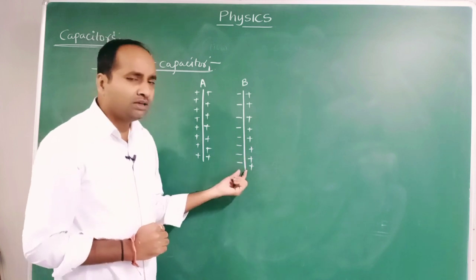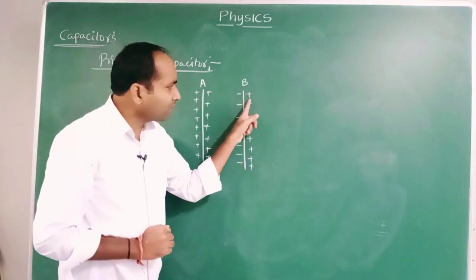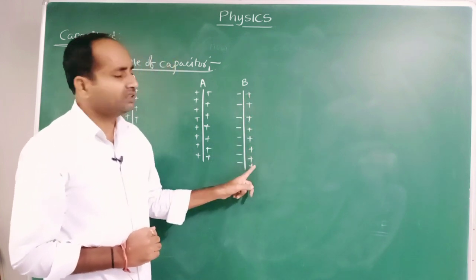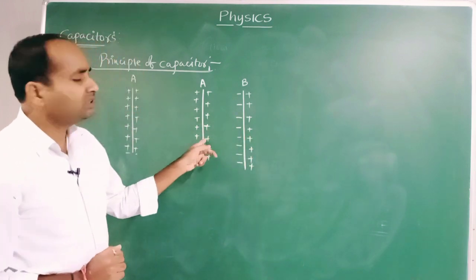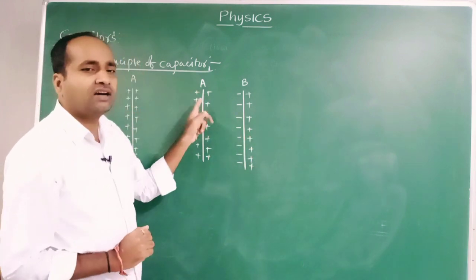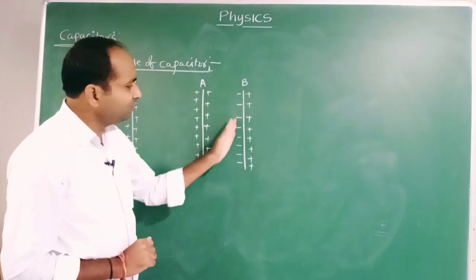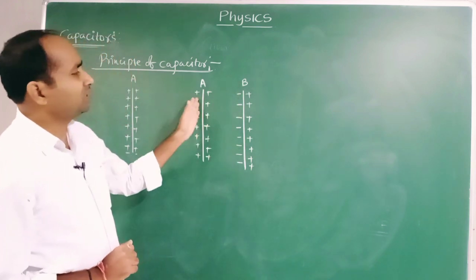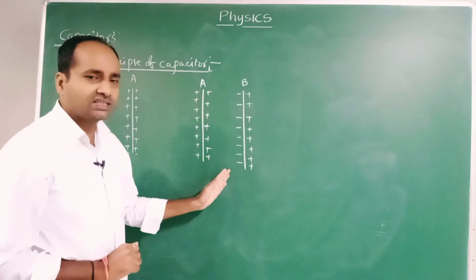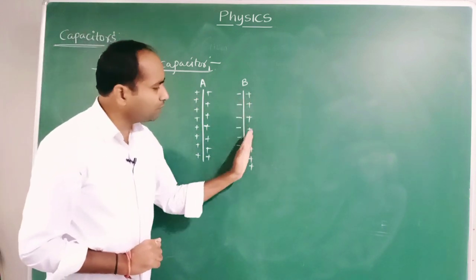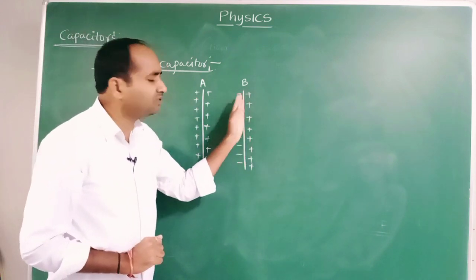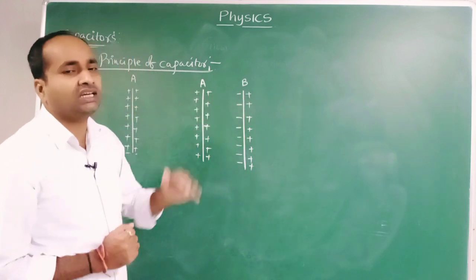At the same time, the positive charge is also there. Due to the induced negative charge, the potential of A decreases. Due to the induced positive charge on the outer side of conductor B, the potential increases.